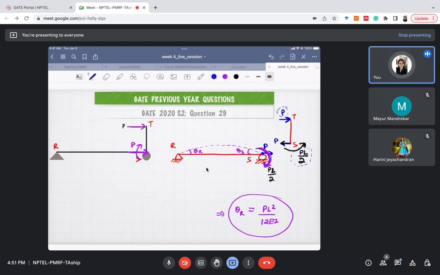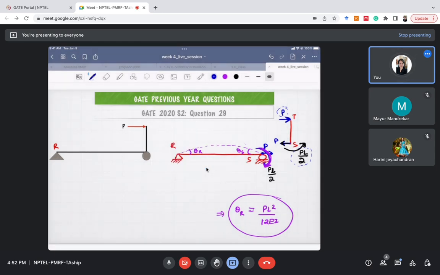But the free body diagram method is more conceptual, you can say. In this method, why I applied this moment: for that particular structure which you break from the total structure, that structure should be balanced in everything. All the forces should be balanced, in the vertical direction and the horizontal direction, and the moment should also be balanced.